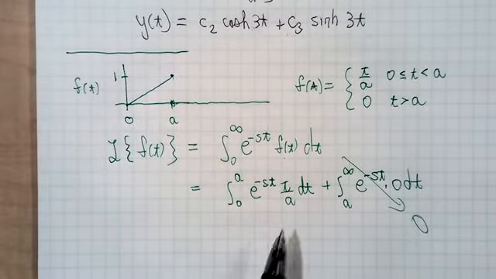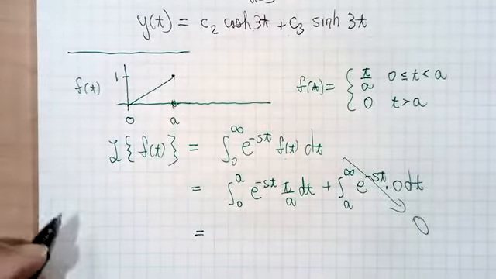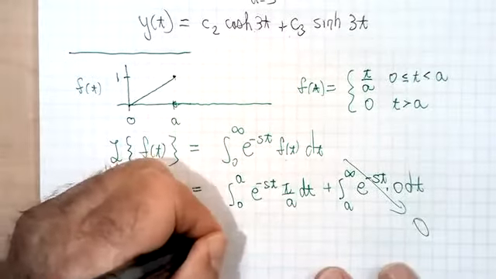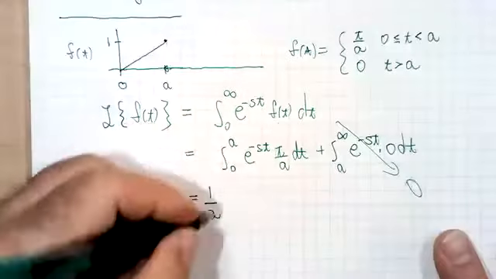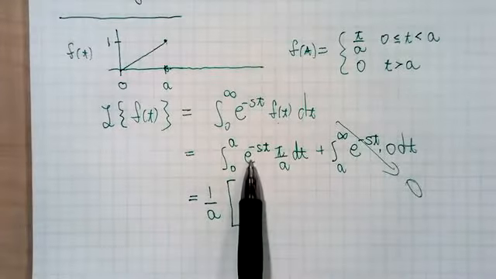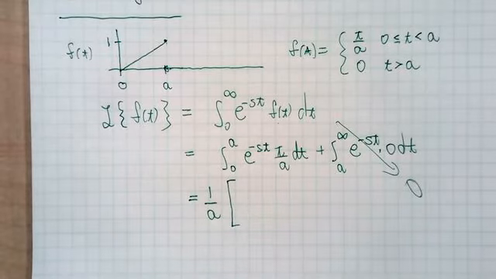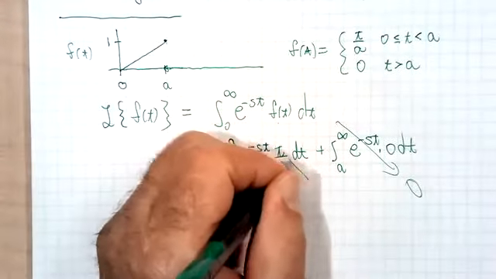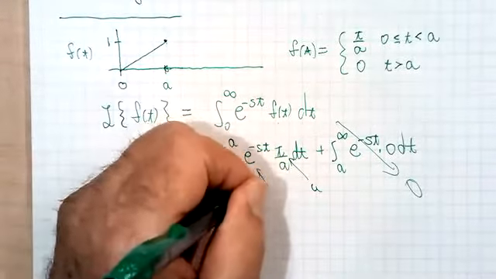And now we just have to do this. Of course, this is a classic application of integration by parts. I'm going to just factor the 1 over a out. I want the antiderivative of e to the minus st times t. The t part is the u, and this part is the dv.